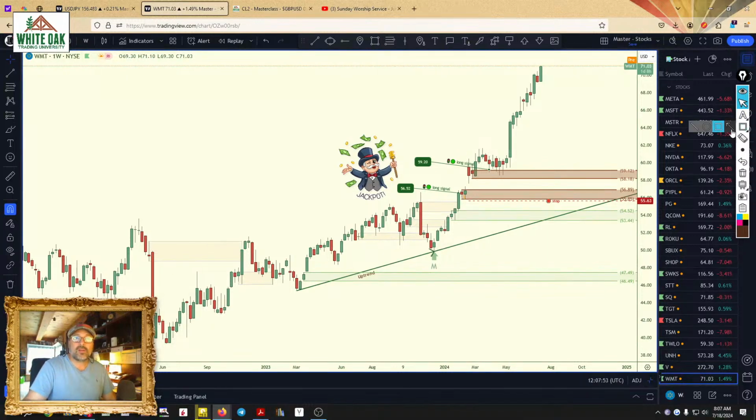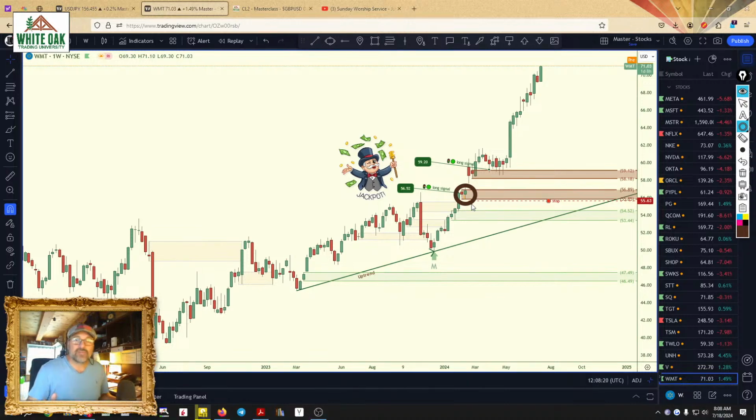For instance, on Walmart, we had two areas here that I will point out. The first one, when we located this area of buying here, it was in the $56 area. And we knew with a high degree of certainty that once this buying was taking place and price gapped up, that price was likely not going to be dropping below this area of buying.